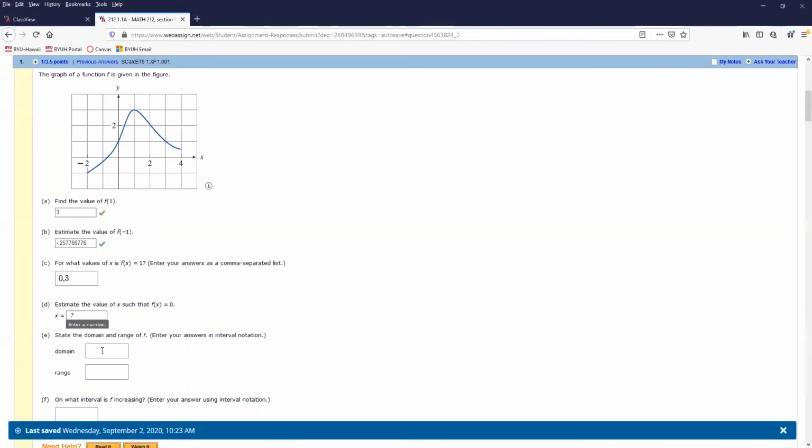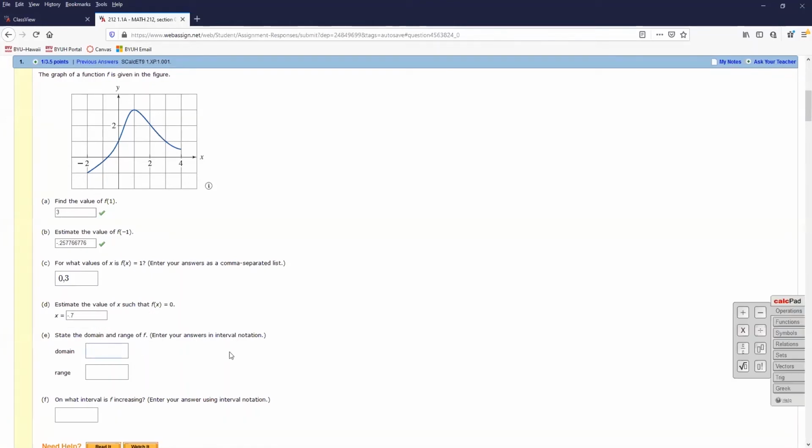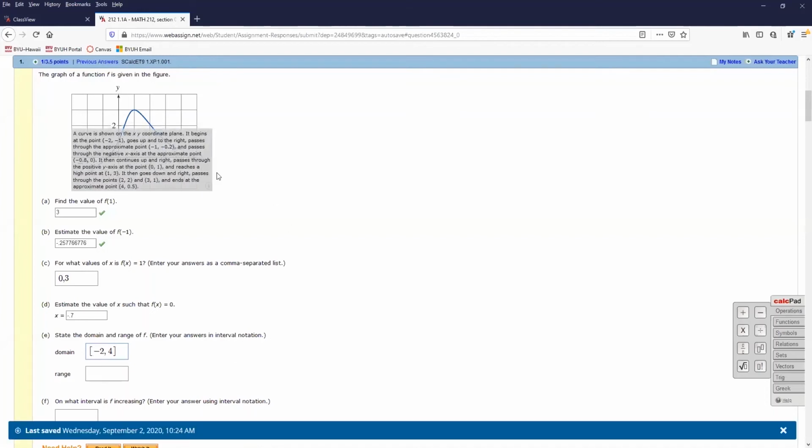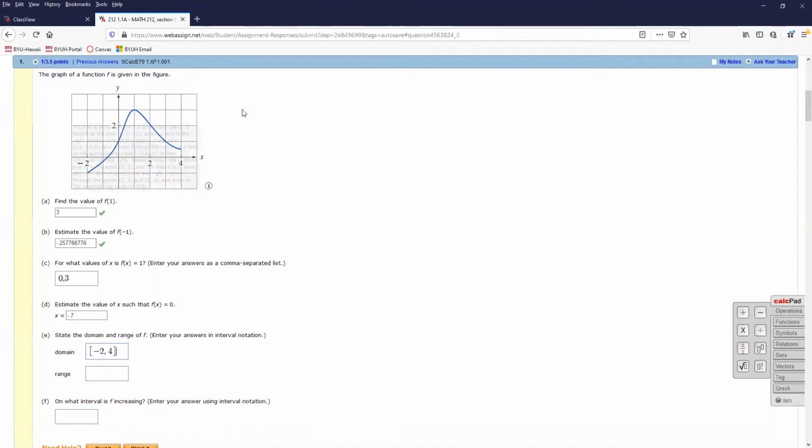Okay, the domain is a set of x values, and since it goes from -2 up to 4, right? And the range is the set of y values, and that goes from -1 all the way up to 3.